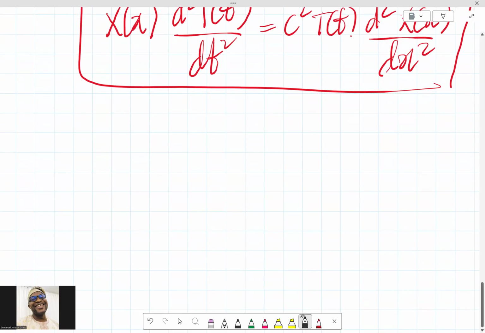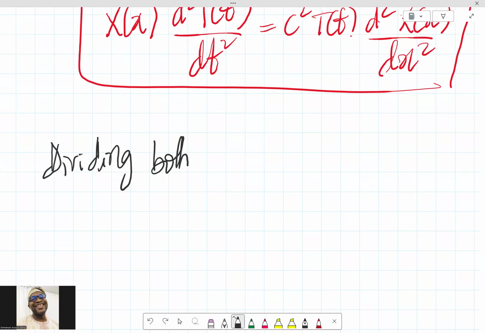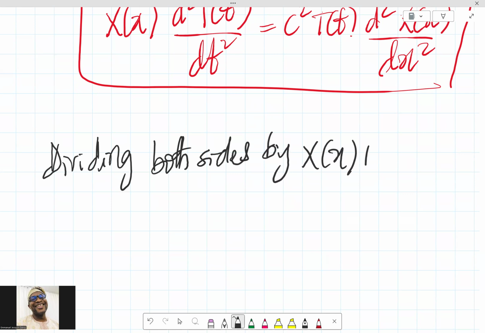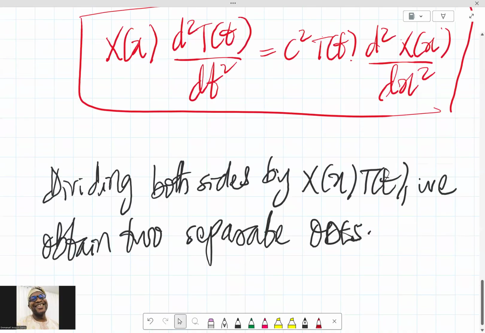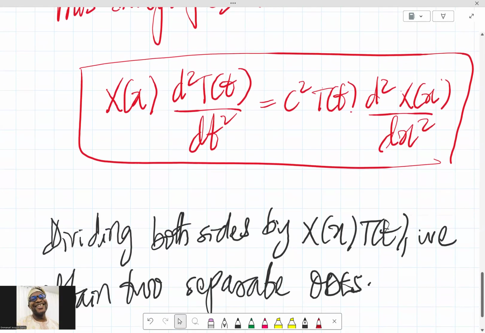We can then divide both sides by X of x T of t. So we obtain two separate ODEs, putting the t's together and the x's together.